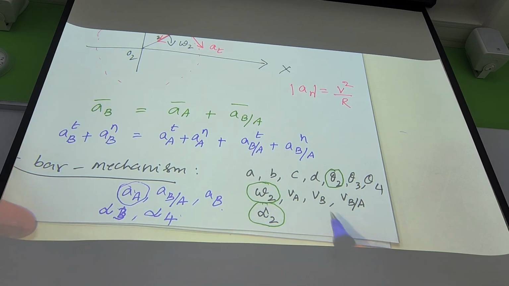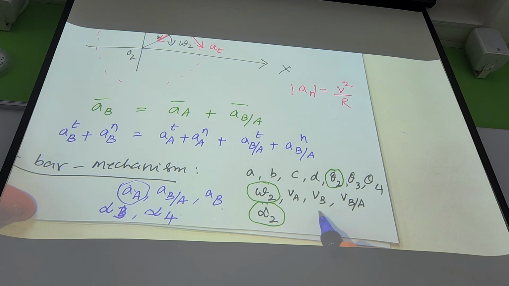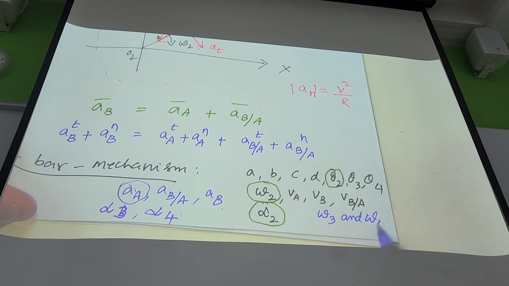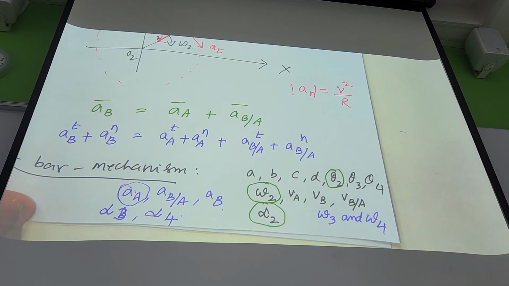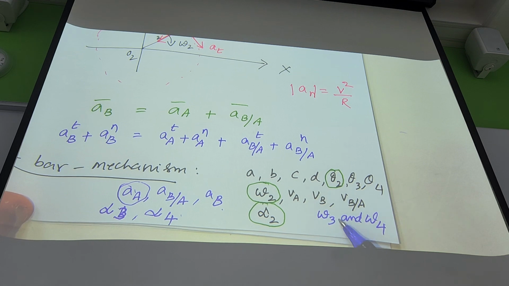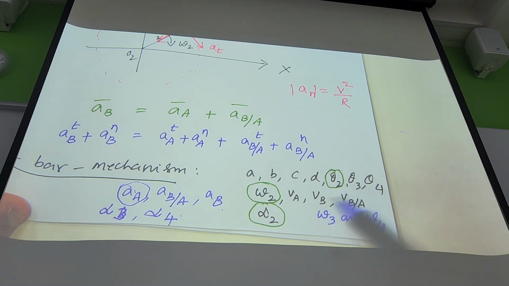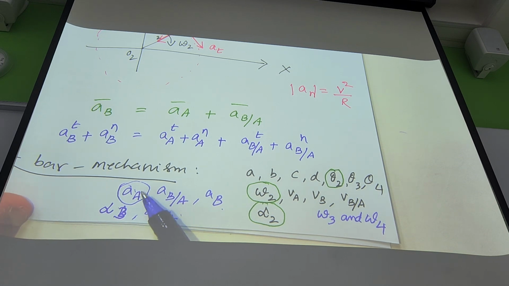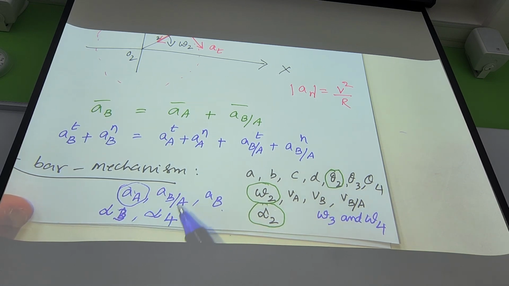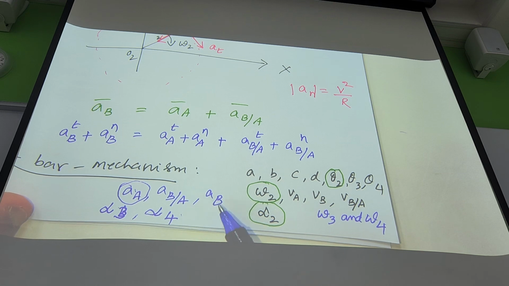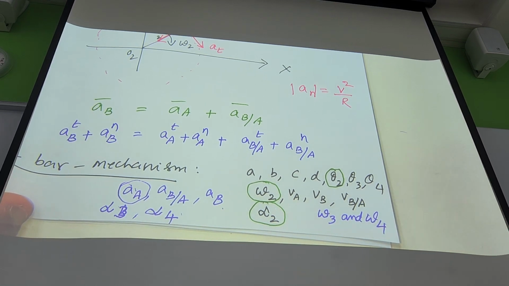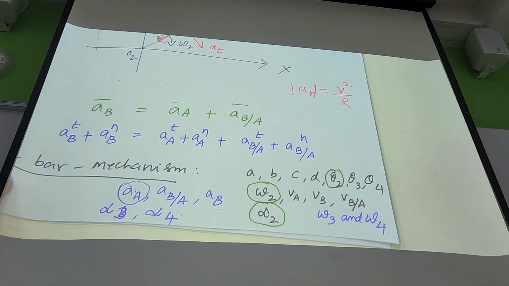In addition, we also know the angular velocities of link 3 and link 4, omega 3 and omega 4, which we can calculate from velocity analysis. So we need to calculate the acceleration of point A, acceleration of point B to A, then acceleration of B, then angular accelerations of link 3 and link 4.